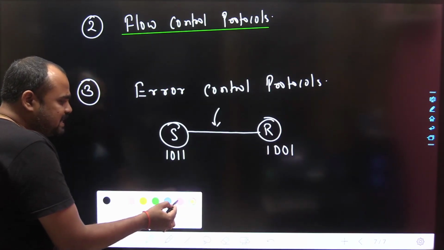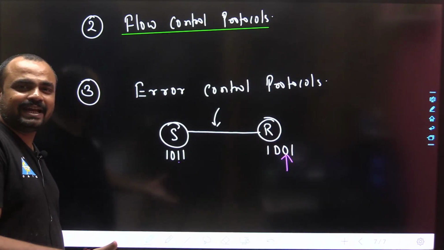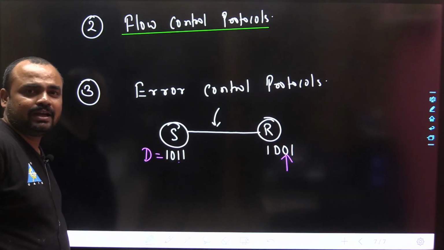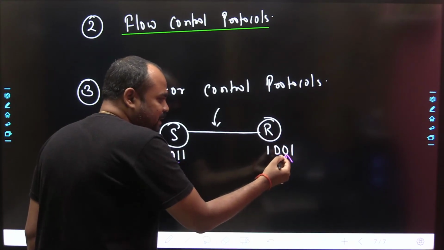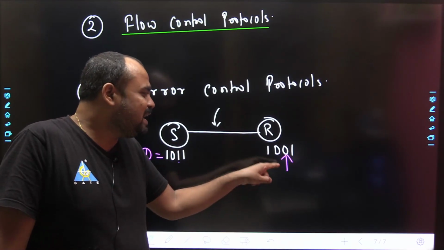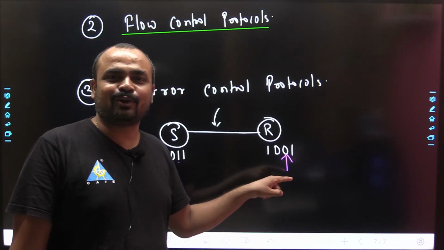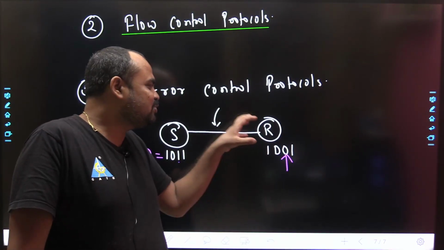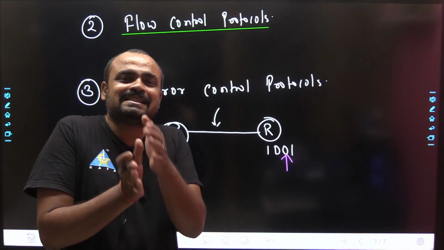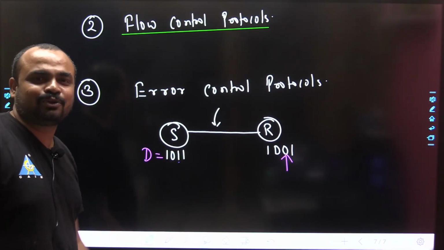Suppose this particular bit has been modified at the receiving end. Then the question is how the receiver will identify which bit has been modified. Are you getting my point or not? Of course, we need a certain set of protocols to identify this, and those are what we will discuss in the error control protocol.